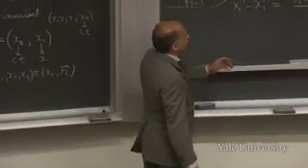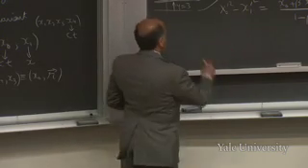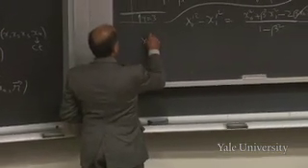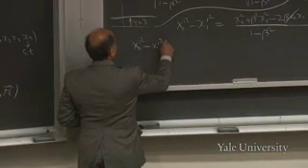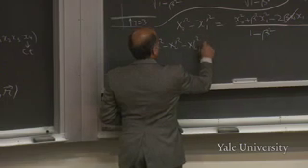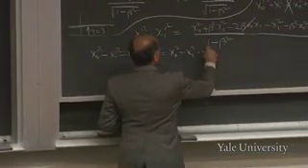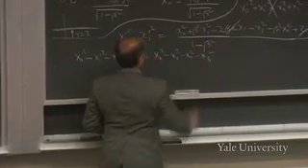In other words, if I brought back all the transverse coordinates, then you will find x0 prime square minus x1 prime square minus x2 prime square minus x3 prime square is x0 square minus x1 square minus x2 square minus x3 square.